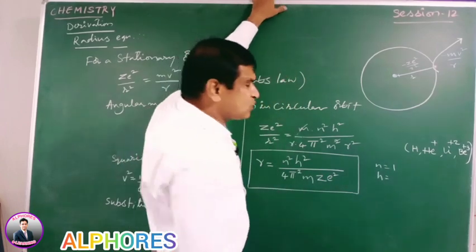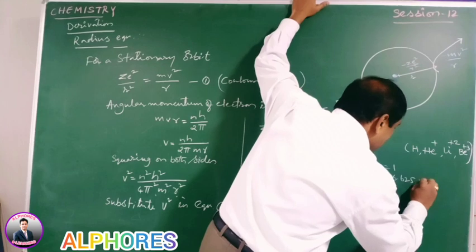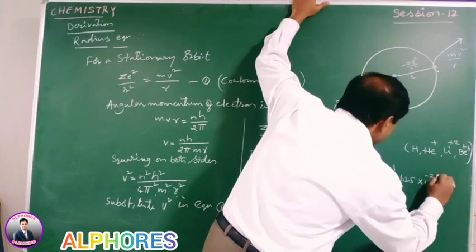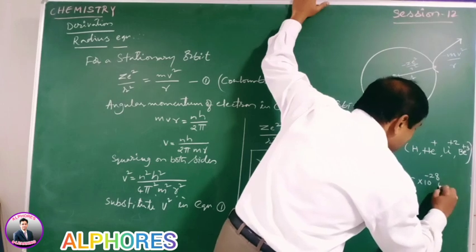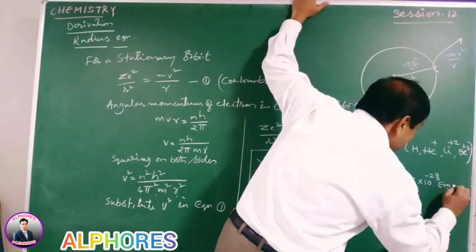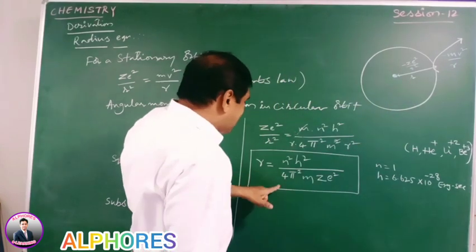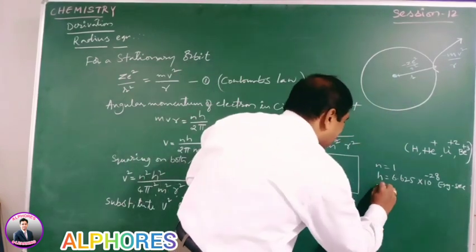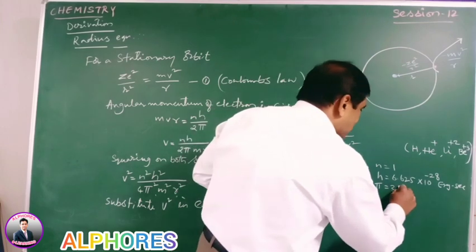Let us consider Planck's constant value as 6.625 into 10 to the power minus 27 erg second. Okay, and pi we know the value of pi, that is 3.14, that means 22/7.